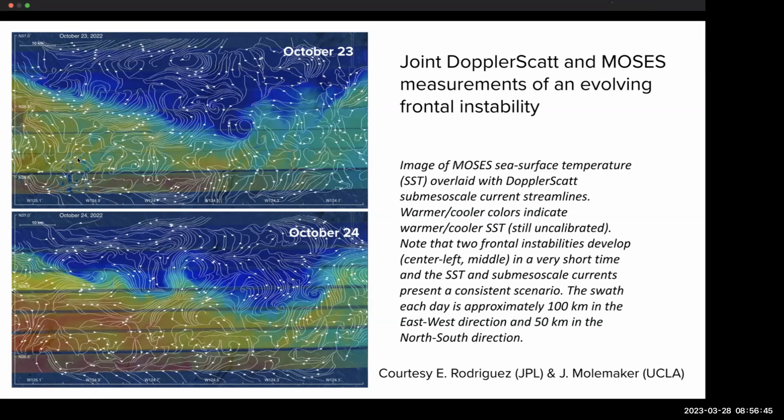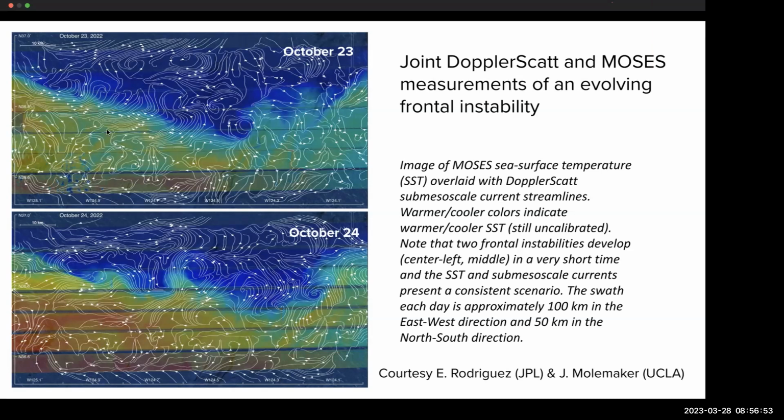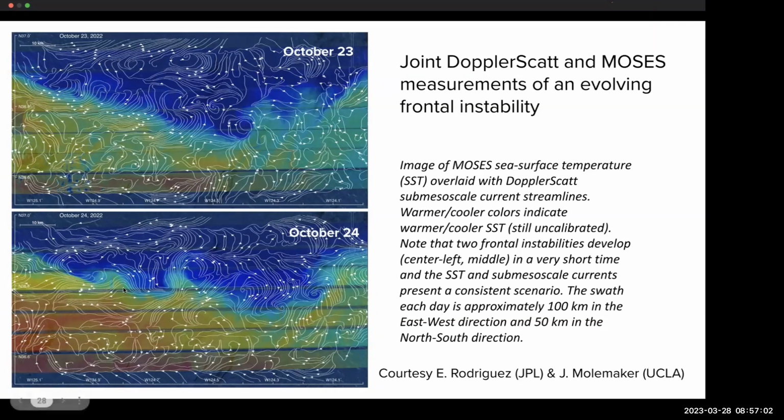It's actually quite interesting how it developed. If you look at the small scale currents going into the SST front over here, you get a strong convergence, strong derivatives over here. And lo and behold, a day later, that's where the instability started to form.